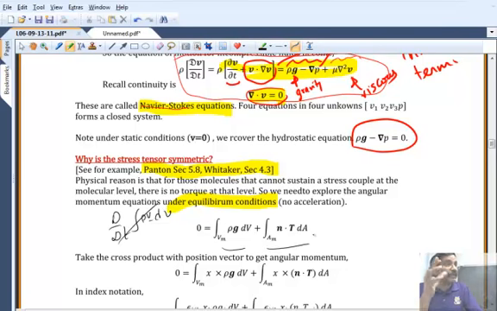So I'm examining now the torques, asking the question, can the molecule sustain a torque? You all know what a torque is, right? Basically, if I have a force that is acting at a distance where r is the radius, the shortest distance to that force, the torque would be the force crossed with that radial arm.